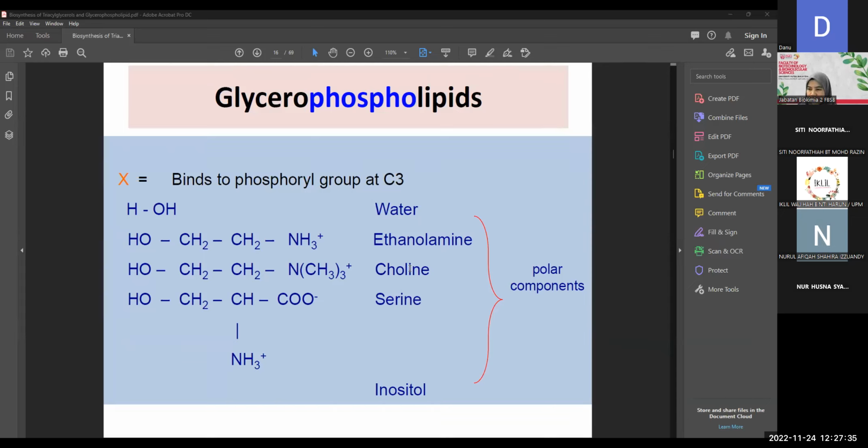When we compare these polar components, ethanolamine, choline, and serine all have a nitrogenous base. Serine also has a carboxyl group. That's how you differentiate between these polar components.